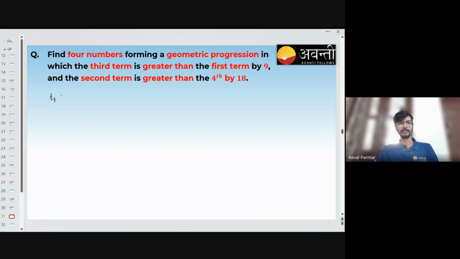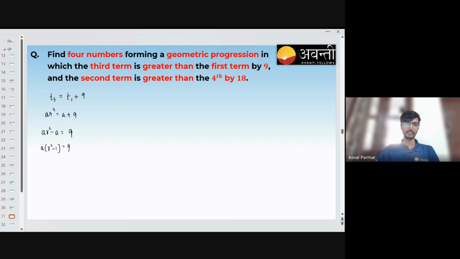That means T3 equals T1 plus 9. So T3, AR square, is equal to A plus 9. So I can write AR square minus A is equal to 9. A(R square minus 1) is equal to 9.